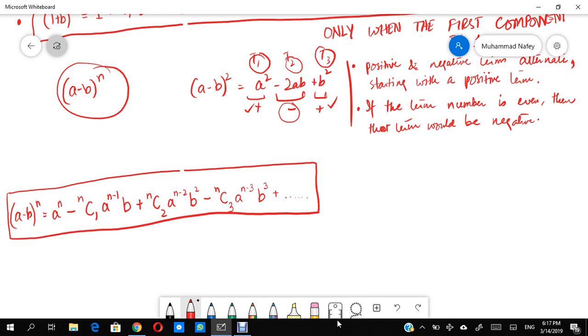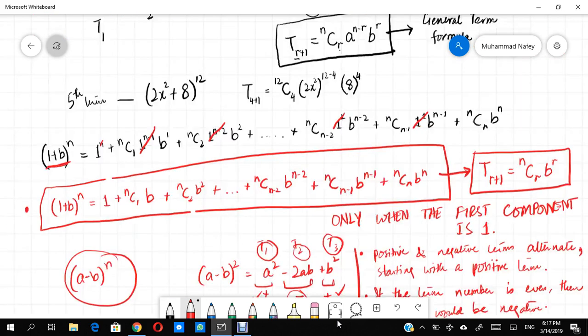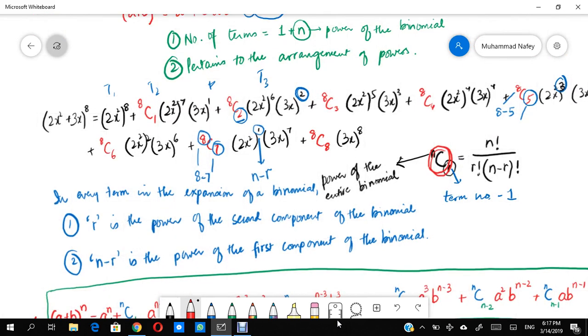A very quick review. In this video, we first reviewed the arrangement of powers of a binomial expansion. Then we did an example here.